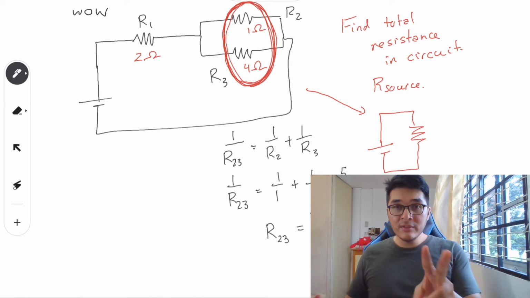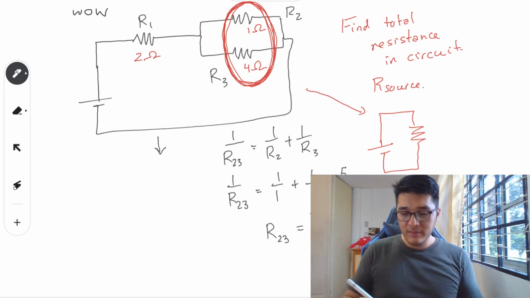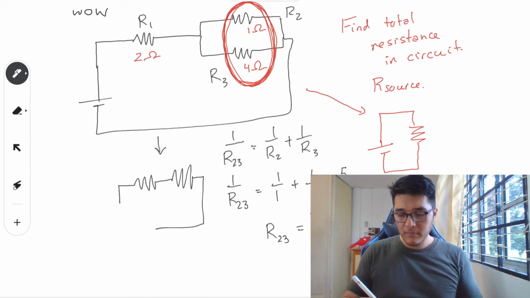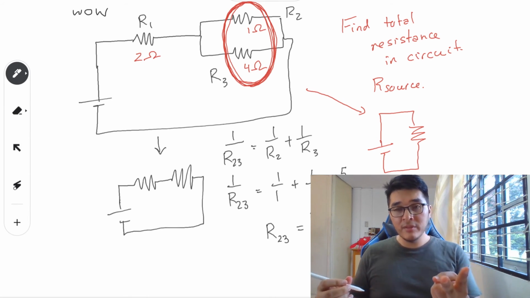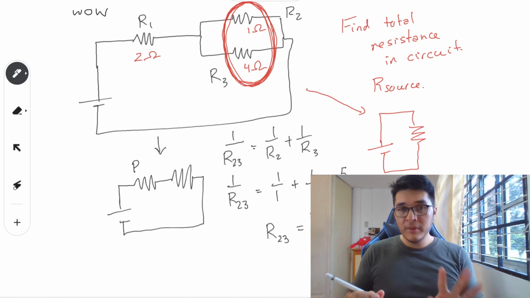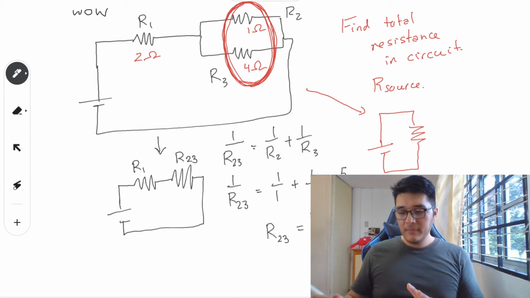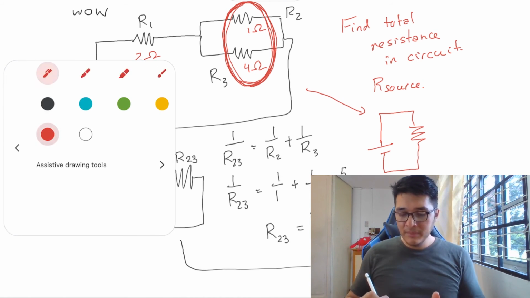So when we consider these two resistors at a time, we can draw a new equivalent circuit where it treats the previous two as a single resistor. So R1 we didn't change, and 2 and 3 we consider the equivalent as R2,3. Remember, the goal was to think of this as a single resistor. So how are you going to consider these two together?